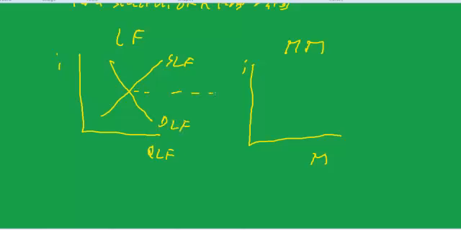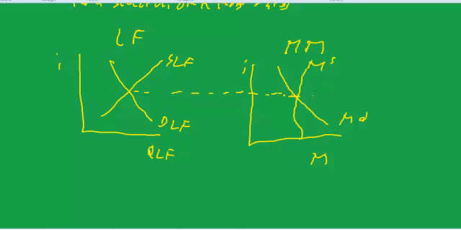This time I'll be careful to draw the dotted line first. Good idea. And we have MS, which is supposed to be a vertical line, the Fed fixing the supply of money, and a money demand curve. So that was just drawing what we had before.